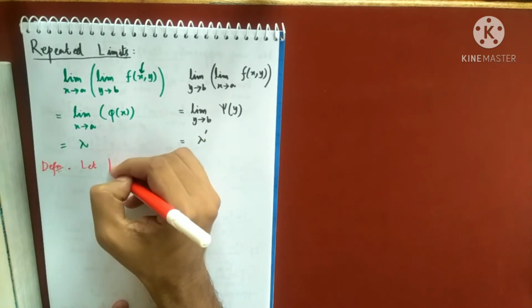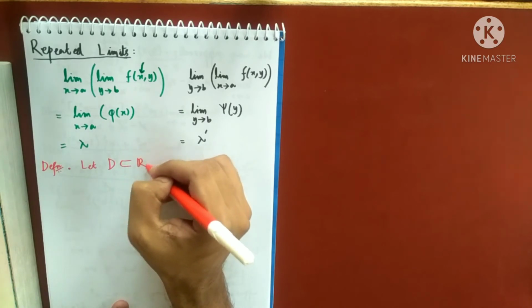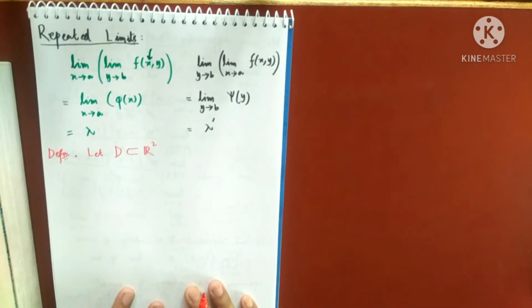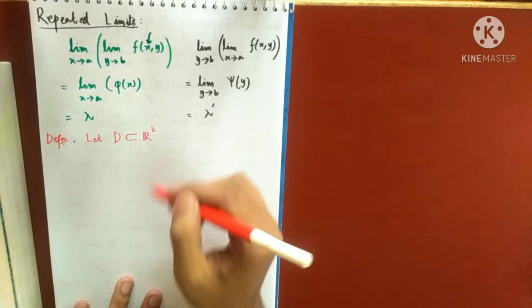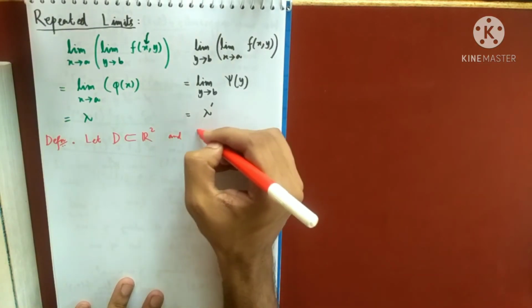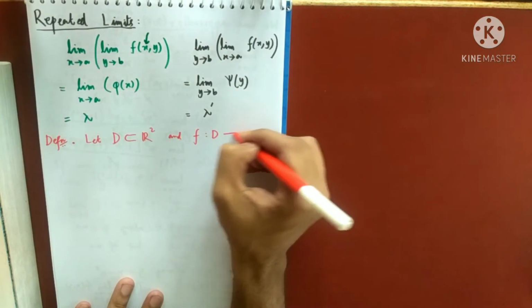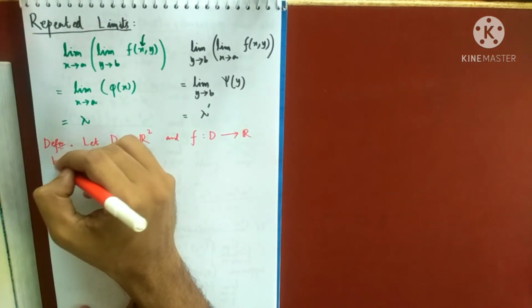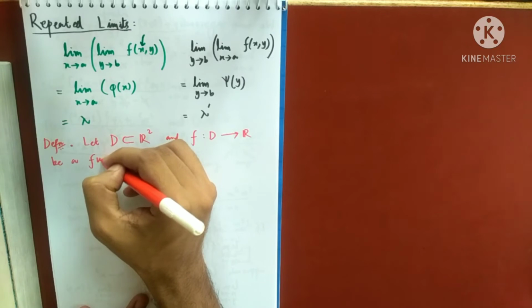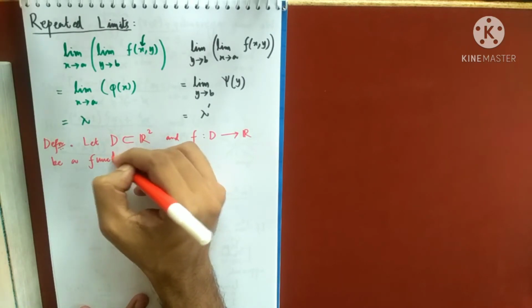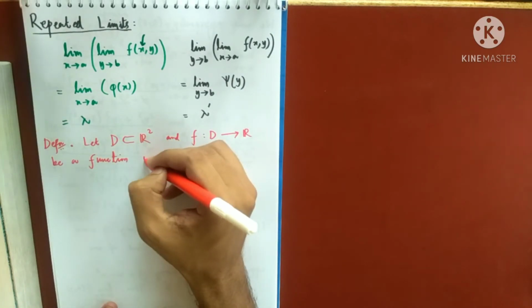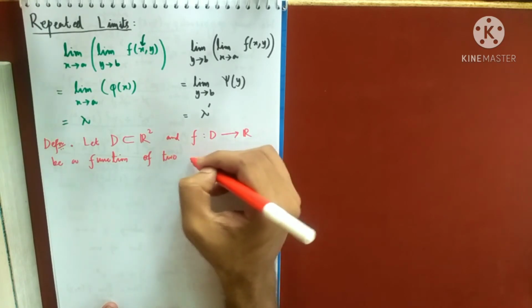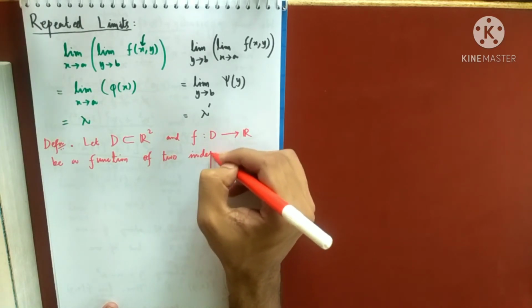Let D be a subset of R2. Now we are studying only R2 and not Rn in general. And f be a function from D to R, a function of two independent variables.